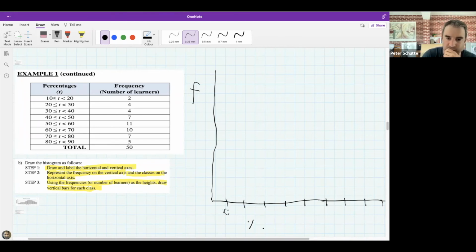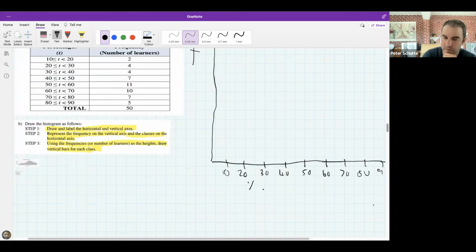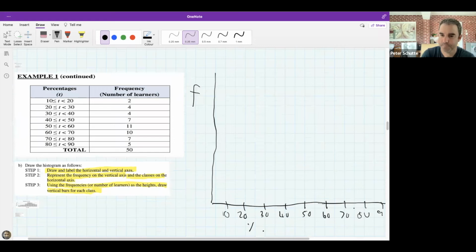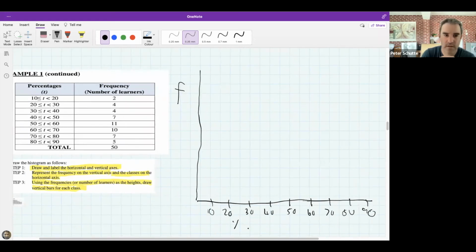So I'm just going to put here 10. Now, obviously, you should be doing this a little bit neater because you're doing it on paper. 90, and that's how far it goes.